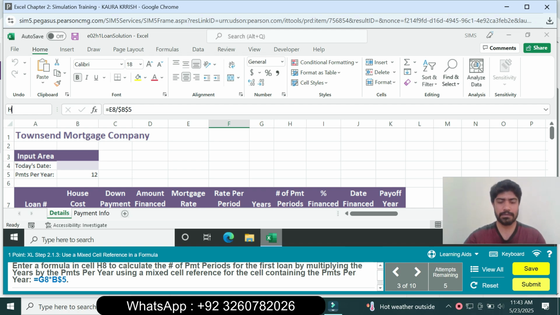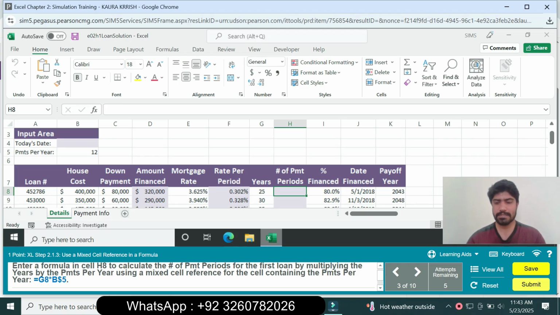So select H8, type equals G8 multiplied by B5. Select B5 and apply the reference, press the F4 button.